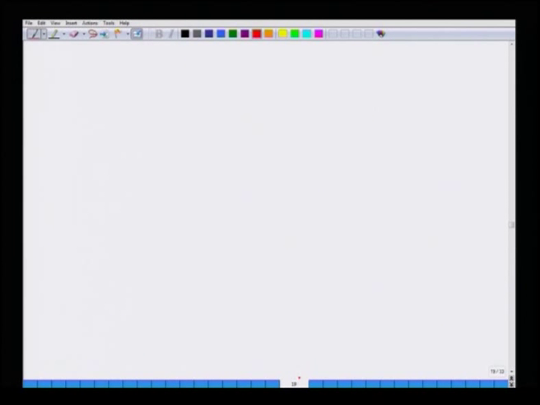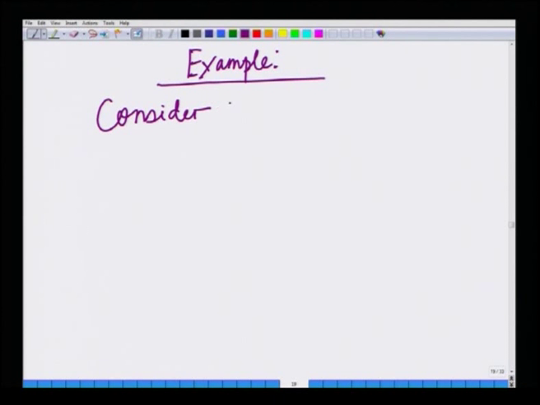Let us do an example to understand this better, to put everything together. In fact, let us consider the scenario that we have described previously.